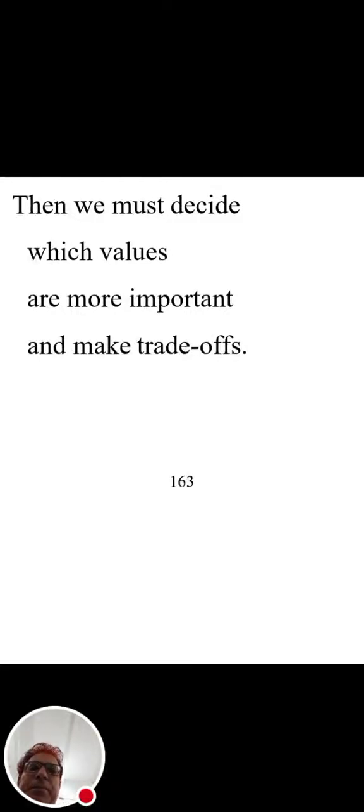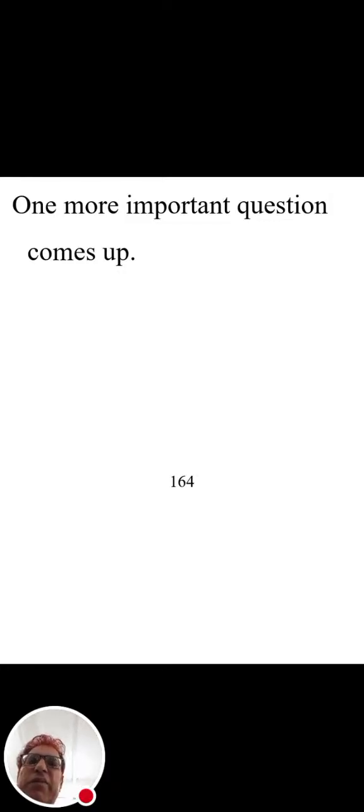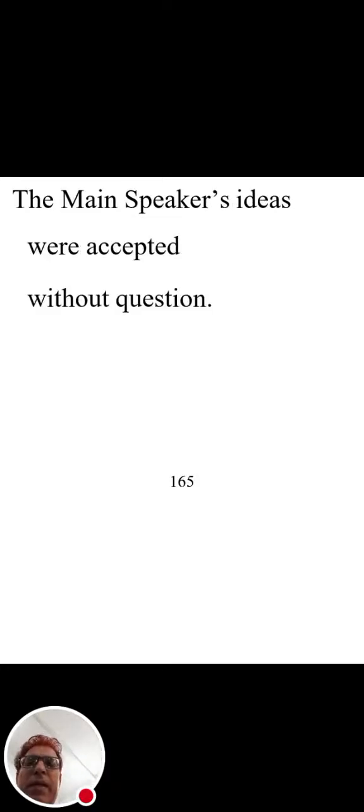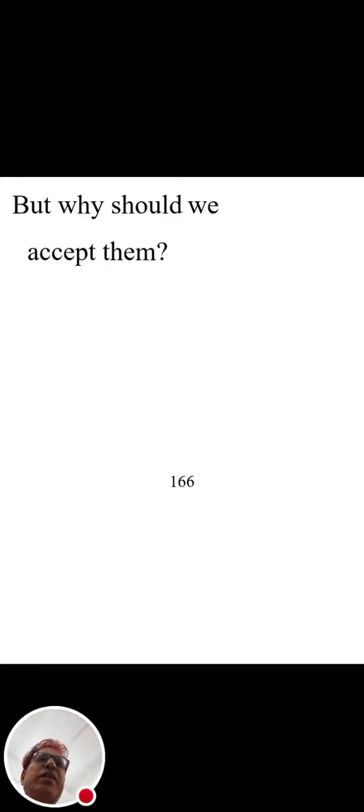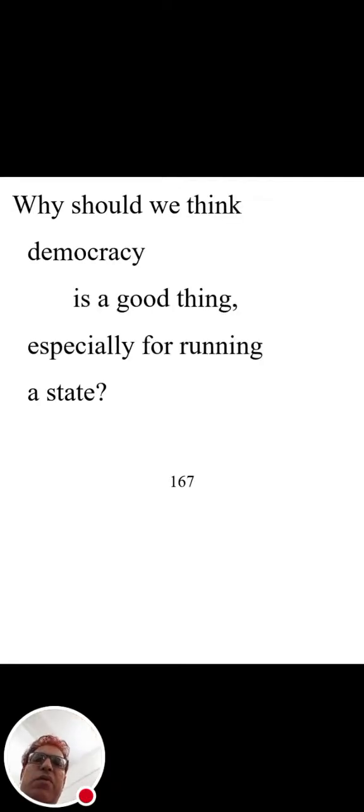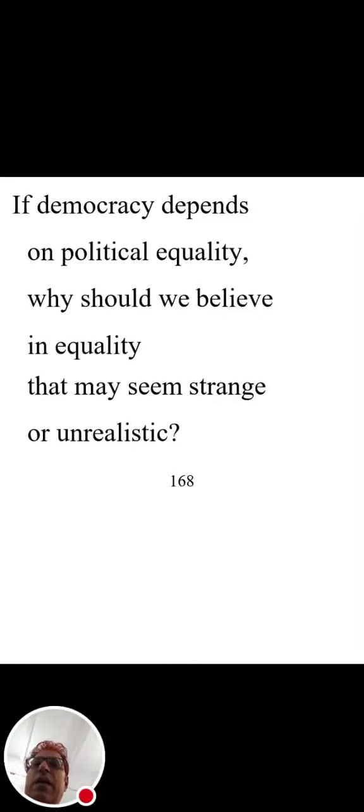One more important question comes up: the main speaker's ideas were accepted without question. But why should we accept them? Why should we think democracy is a good thing, especially for running a state? If democracy depends on political equality, why should we believe in equality that may seem strange or unrealistic?